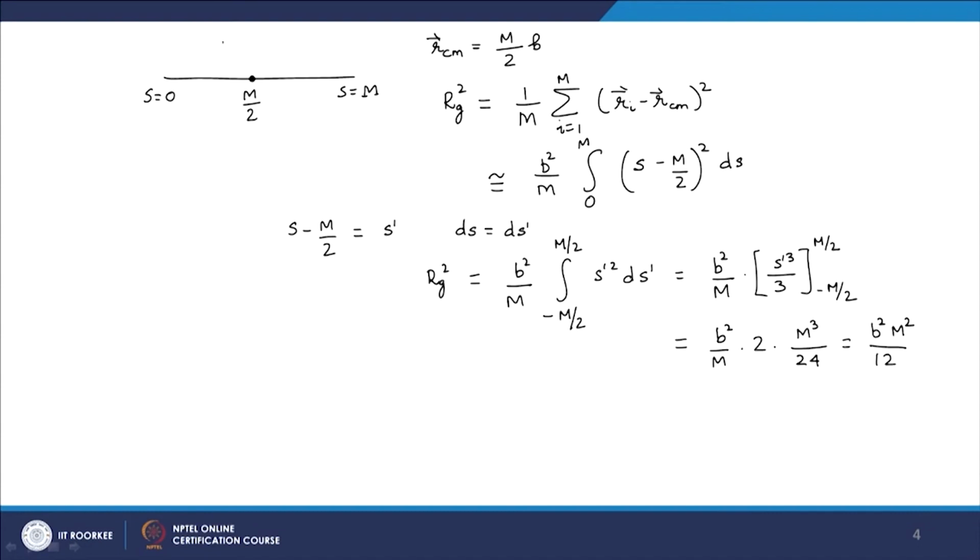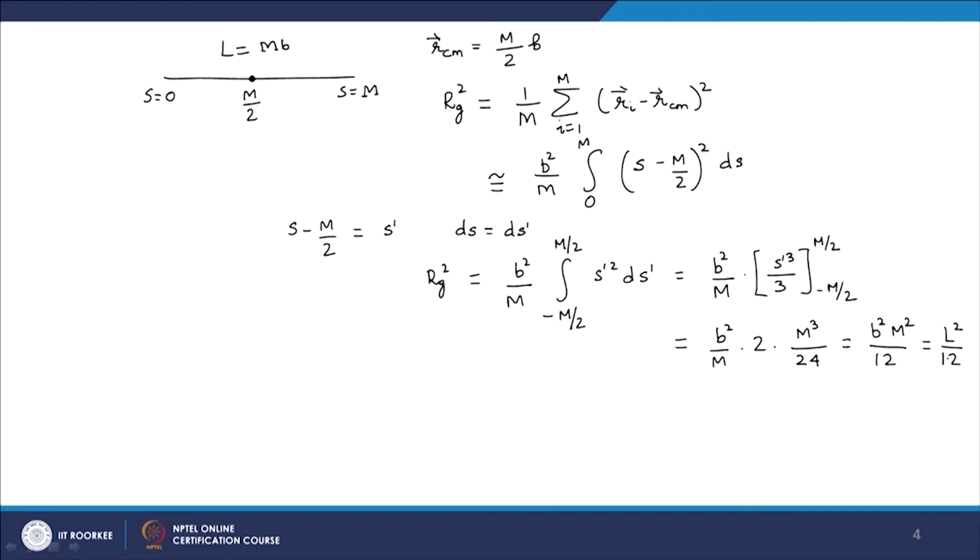Essentially what it means is, now I can also define the length of the rod as L being equal to m times b. So, it should be L squared by 12, that is a different kind of scaling compared to the ideal chain that we see in the case of a rod like polymer.